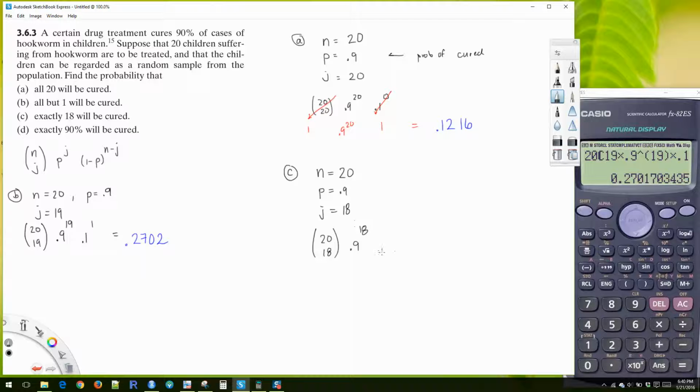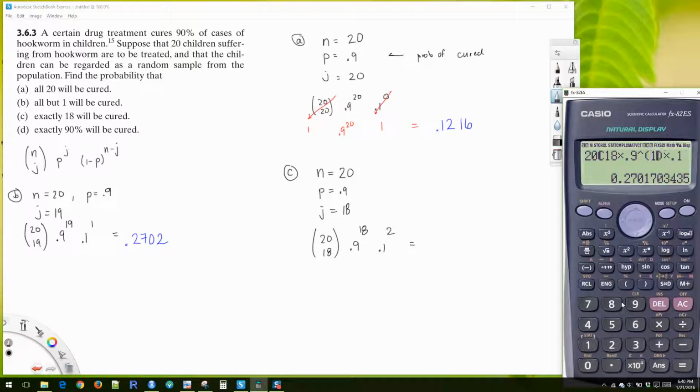The probability of a failure, which is 0.1, has to happen 2 times. I'm just going to punch this in, and I can just edit my last entry if you've got one of these calculators. So 20 choose 18, 0.9 raised to the 18 times 0.1, and now I have to square this one, okay? 0.1 squared. Enter, and I get 0.2852.